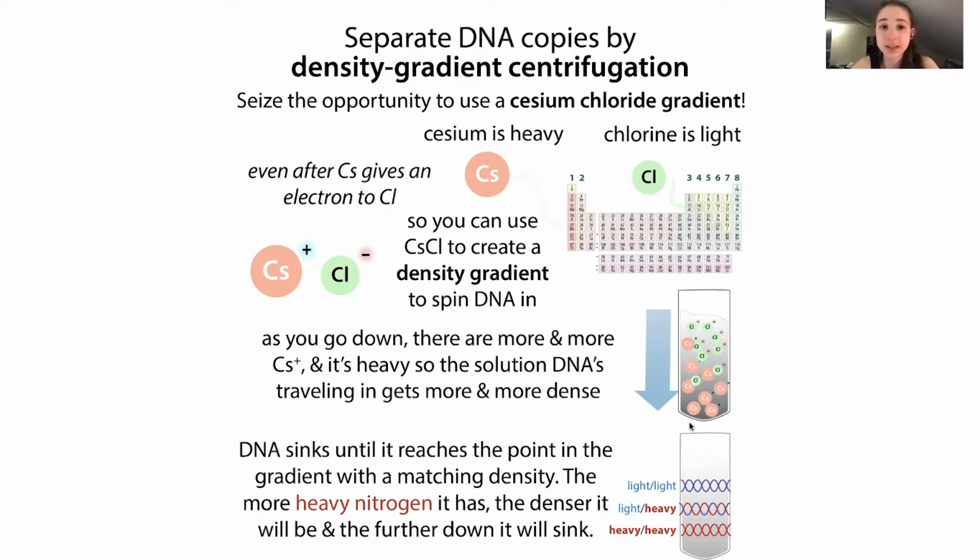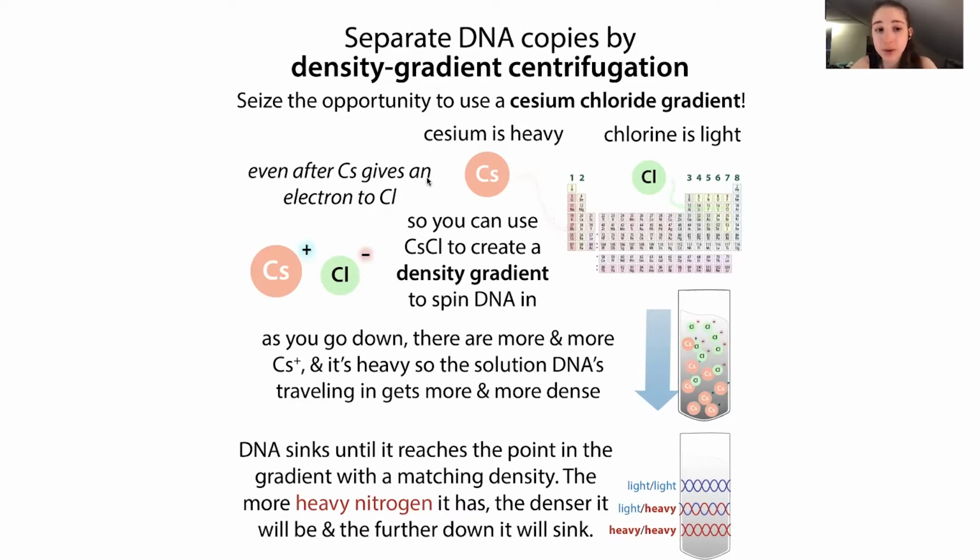And so they're doing this density gradient centrifugation. So how it works is that it's going to use the cesium chloride gradient. So cesium is heavy. So the further down in the periodic table you go, the heavier it is, the more protons it has. So cesium is this heavy element.